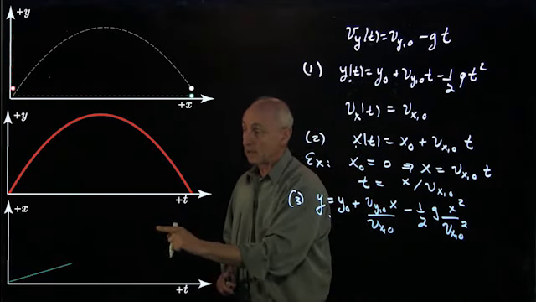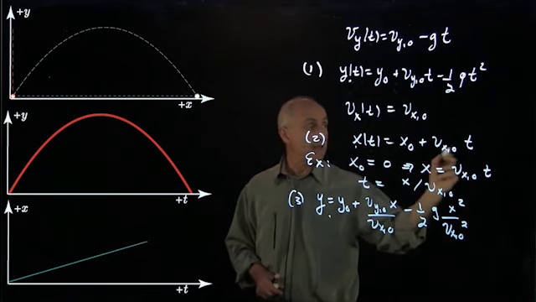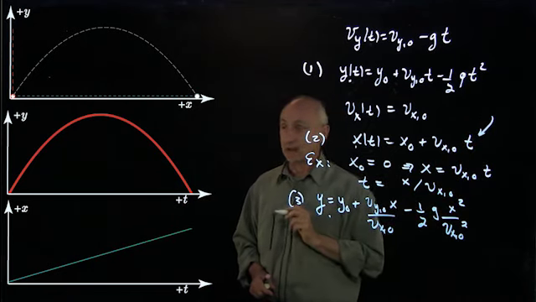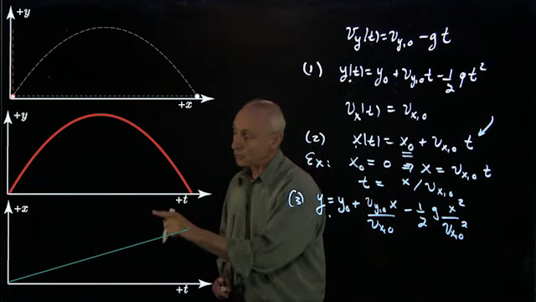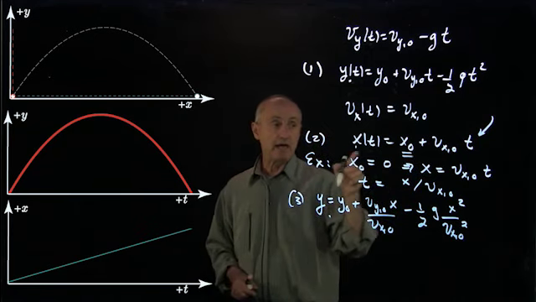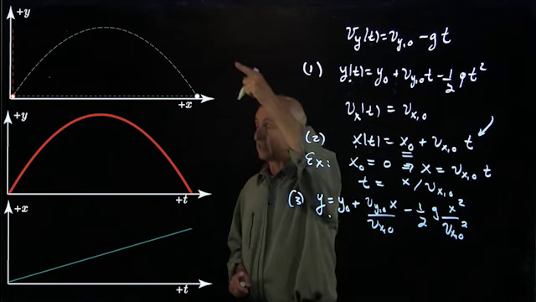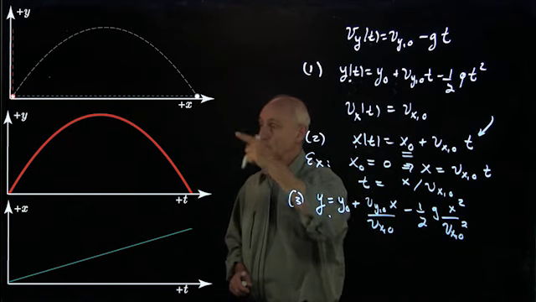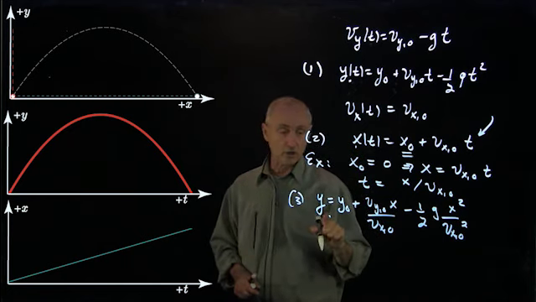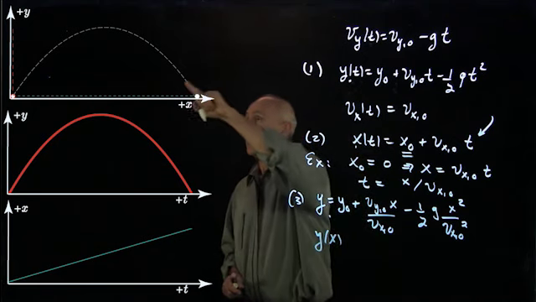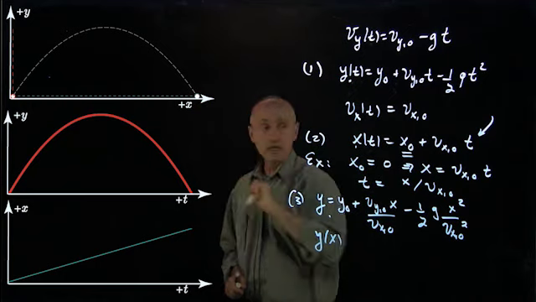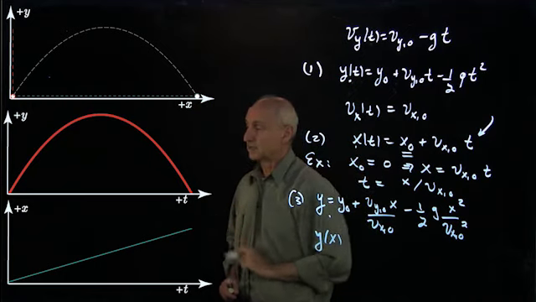And when we make that plot, you can see that this is just a linear equation in time where there's some initial condition, x naught. And so that's the plot of x as a function of t. And so we see three separate representations of this motion: y as a function of x, y as a function of t, and x as a function of t.